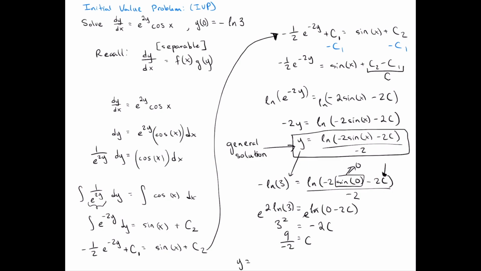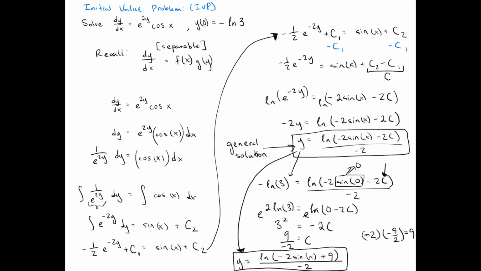So the function y becomes ln of negative 2 sine x plus 9, because once you multiply negative 2 by the constant c, here negative 2 times c, it becomes a positive 9, so that's where the plus 9 comes from, all over negative 2. And that is our solution for this differential equation.